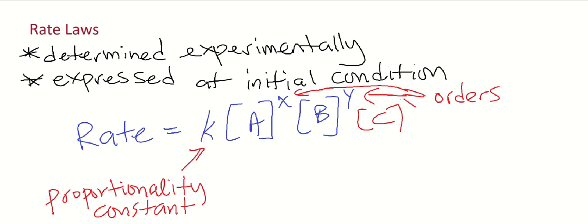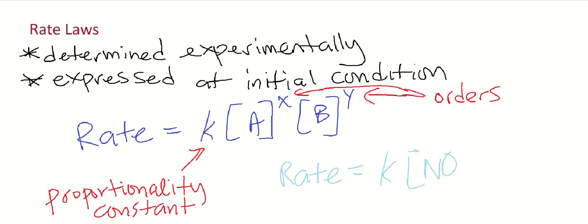And you can certainly have one reactant, which is the case we just had at the beginning of the video, the decomposition of NO2. All right, and actually, if we were to write the rate law for that example, it would look like this. All right, k times the concentration of the reactant, which is NO2, that's the only reactant, raised to some power x, or with the order of x.